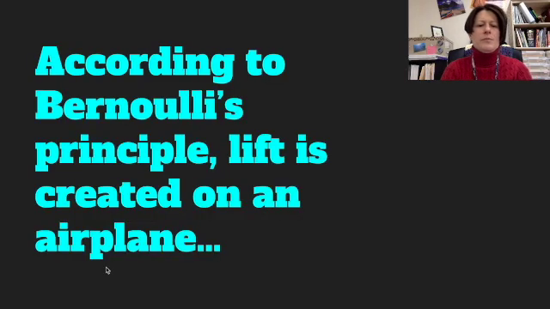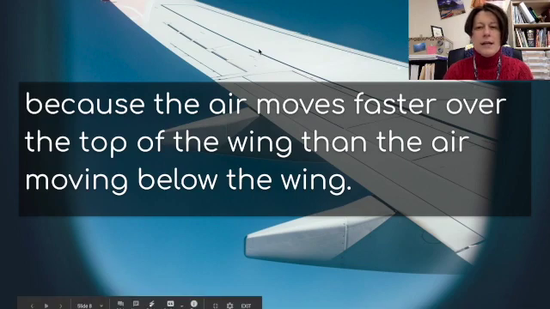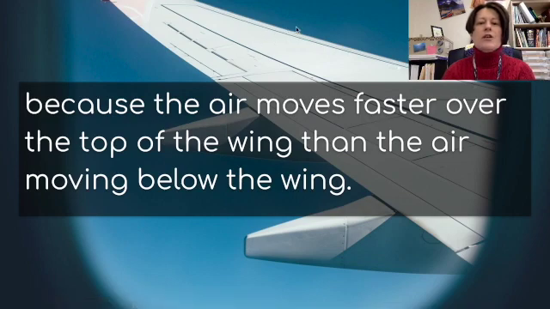Now, according to Bernoulli's principle, lift is created on an airplane because the air moves faster over the top of the wing than the air moving below the wing. The wings, and you can't really see it very well in this, are designed so that they are curved on the top and not on the bottom. And so the air must travel farther and thus faster over the top of the wing than on the bottom, and that produces what is called lift.